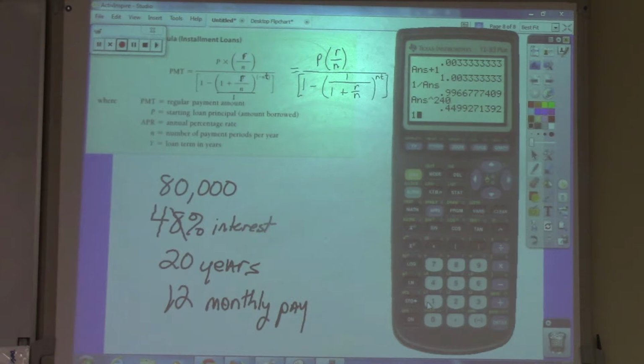And then 1 minus that number is that number. So, alpha D. And then take 80,000 and multiply by parentheses 0.04 divided by 12. And that's equal to that. And divide by alpha D.